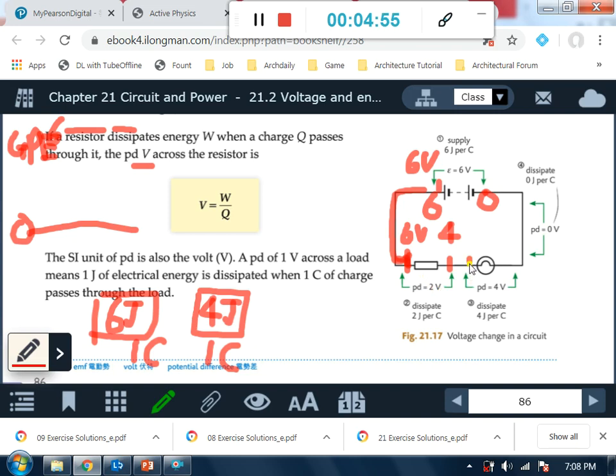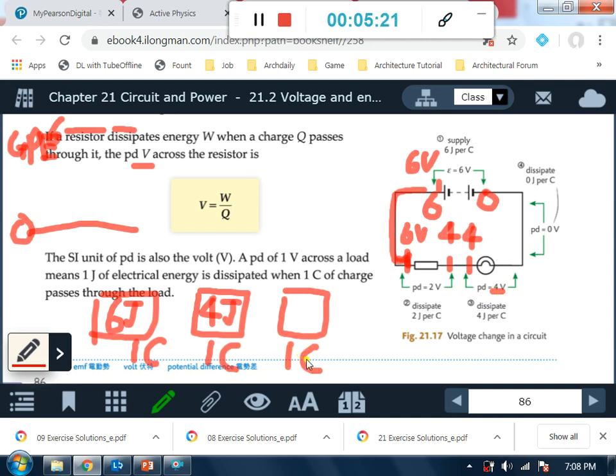And then it goes into the light bulb. Before it enters, the voltage stays at 4 volt. But after the consumption of the light bulb, it is 0. It means that when this lorry goes into the light bulb, the same 1 coulomb, the drop will be 4 volt.